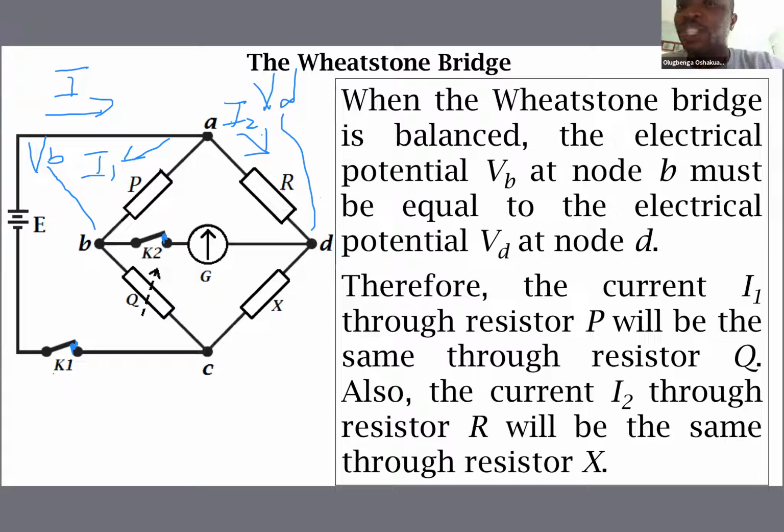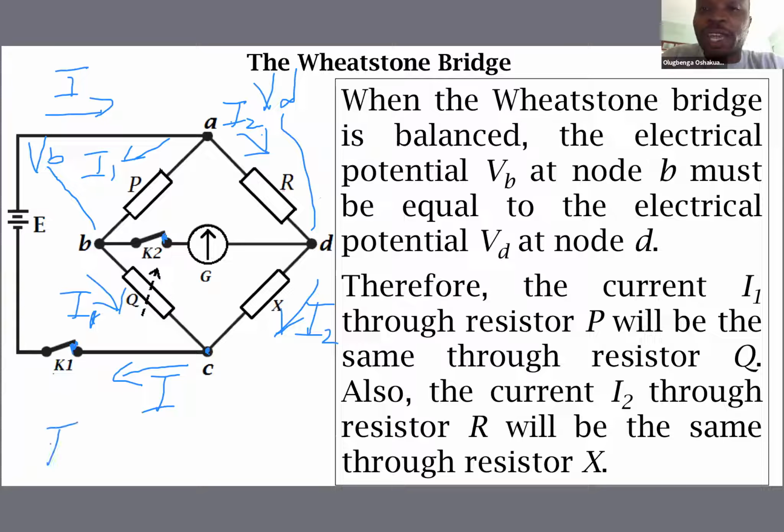If the bridge is balanced, I2 will still flow through X, and I1, which flowed through P, will flow through Q. I1 and I2 will meet at node C and flow back as I. In this case, Kirchhoff's law tells us that I is equal to I1 plus I2.